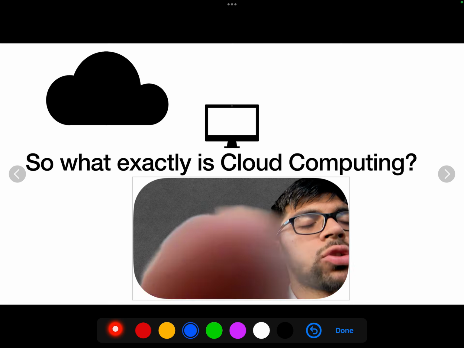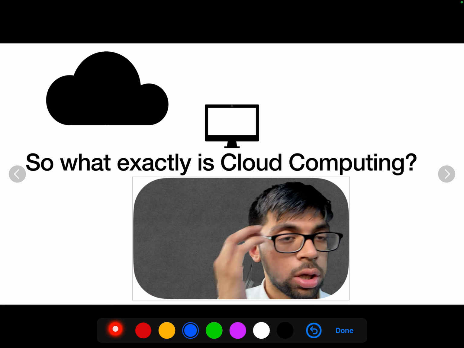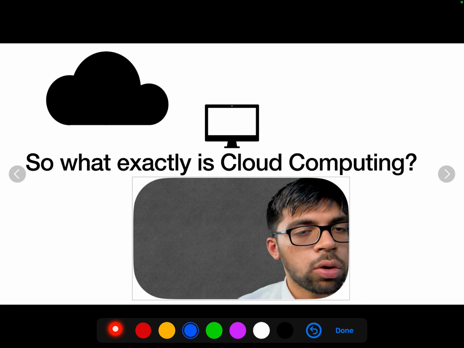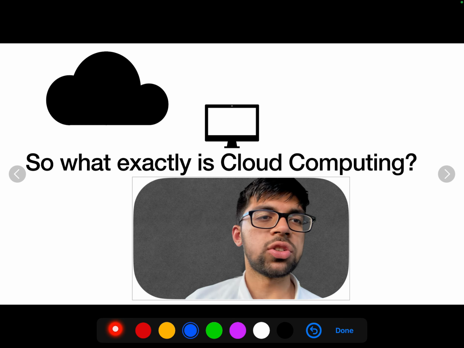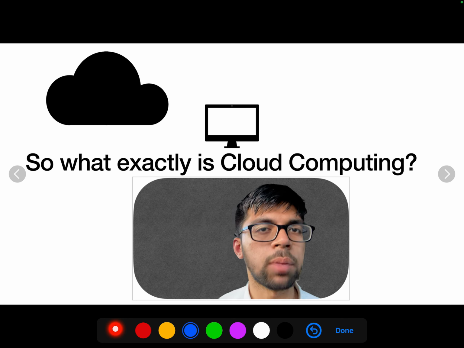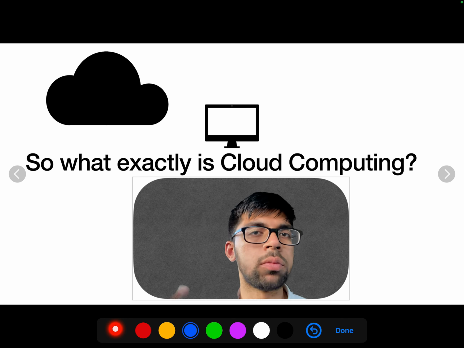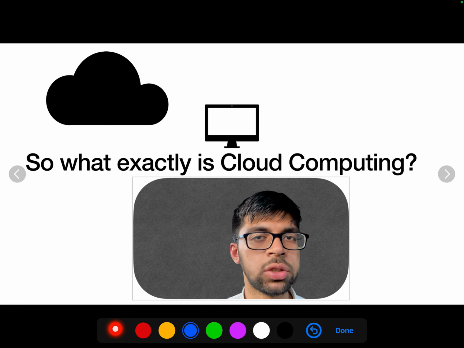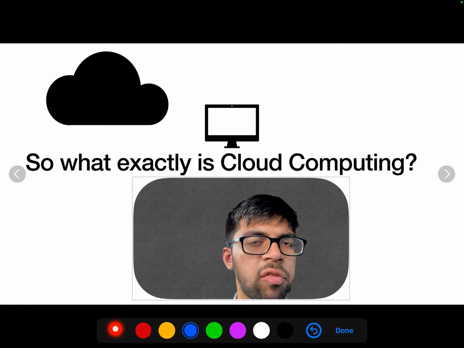Let's get into the next slide. So what exactly is cloud computing? I'm sure that everyone watching this video has used some sort of cloud computing service. That might be, for example, Dropbox, because Dropbox is a great platform for backing up your photos on your phone.